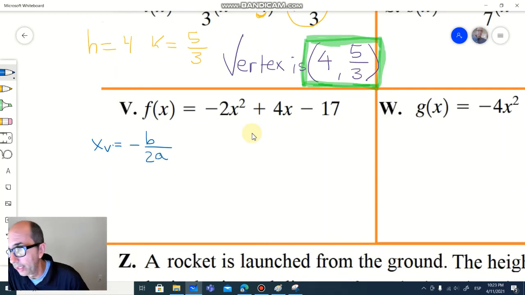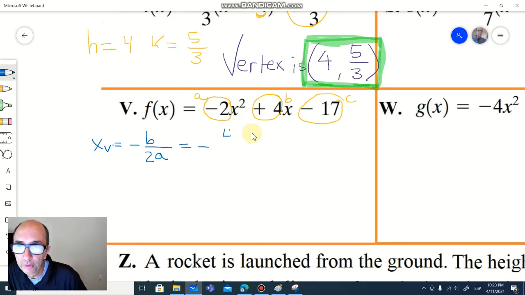And we need to identify a, b, and c. a is negative 2, b is positive 4, and c is negative 17. Actually, we just need b and a.